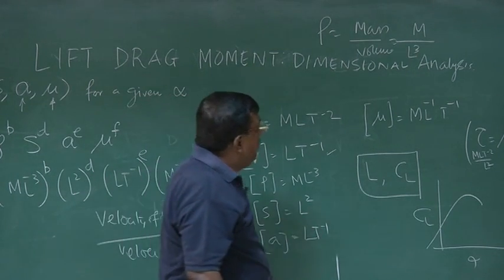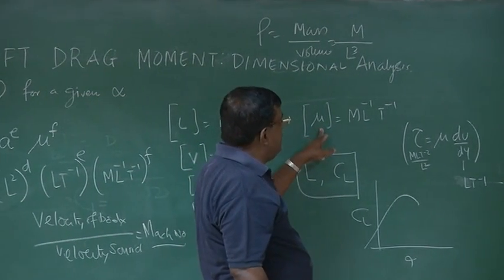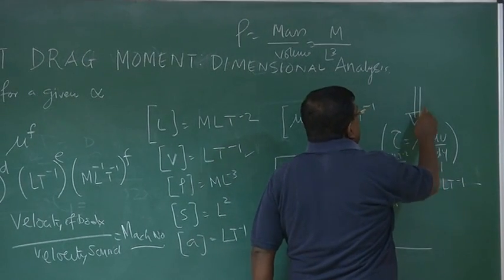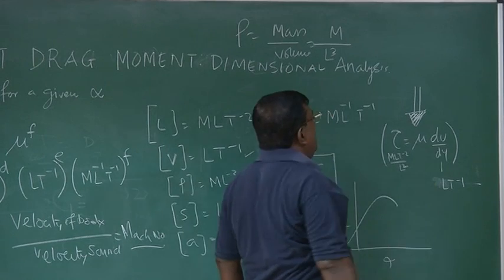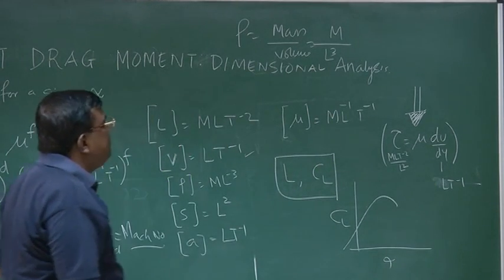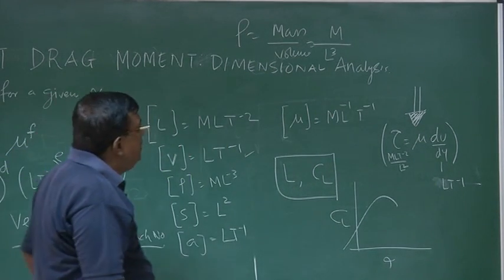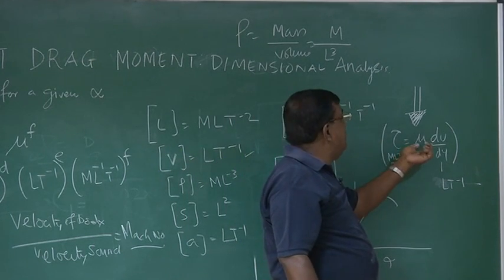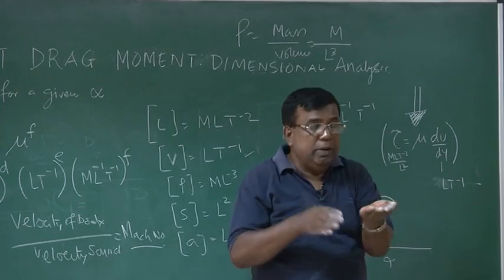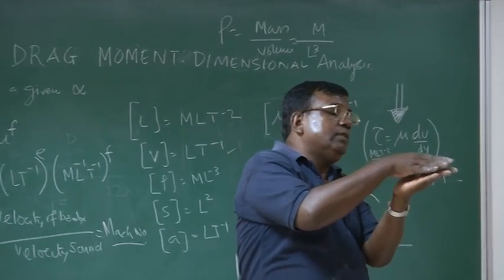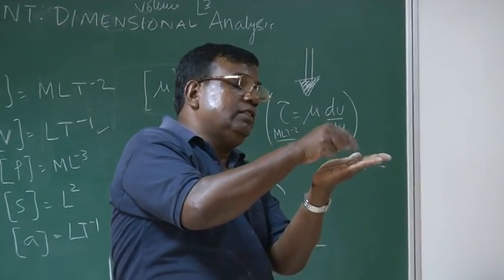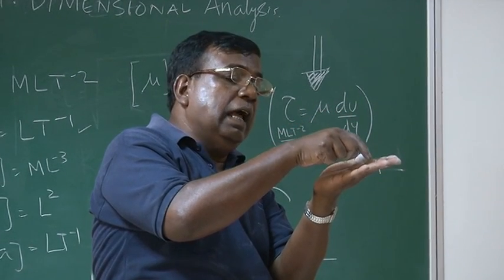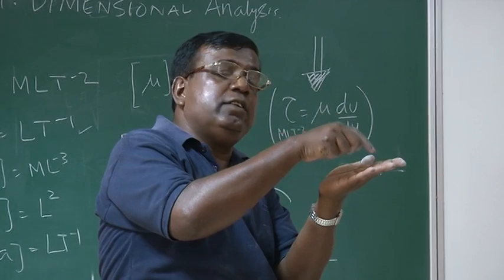Right? Now come to the coefficient of viscosity. If you recall, I'm sure you might have seen this expression: in a fluid, the shear stress which is developed because of viscosity. If the fluid is flowing like this, then on the surface the fluid particles will get stuck, and as you go upward, the effect will be neutralized.